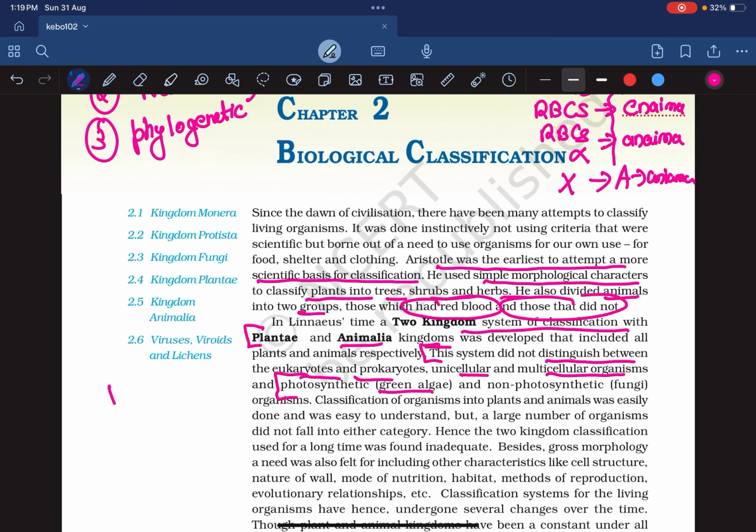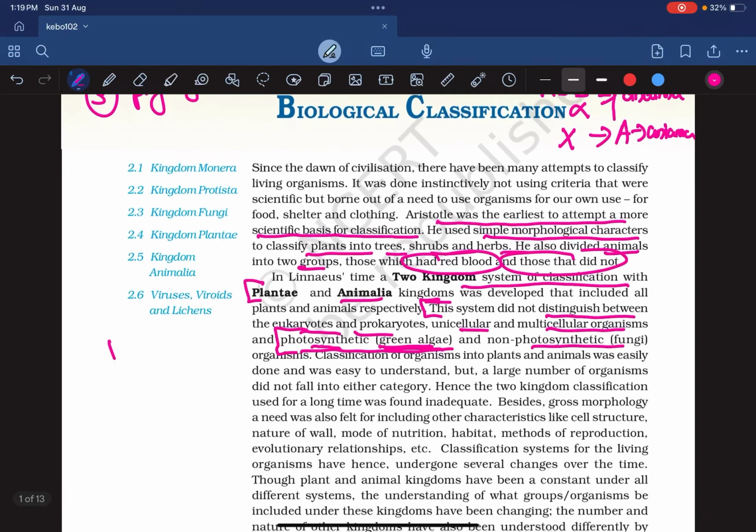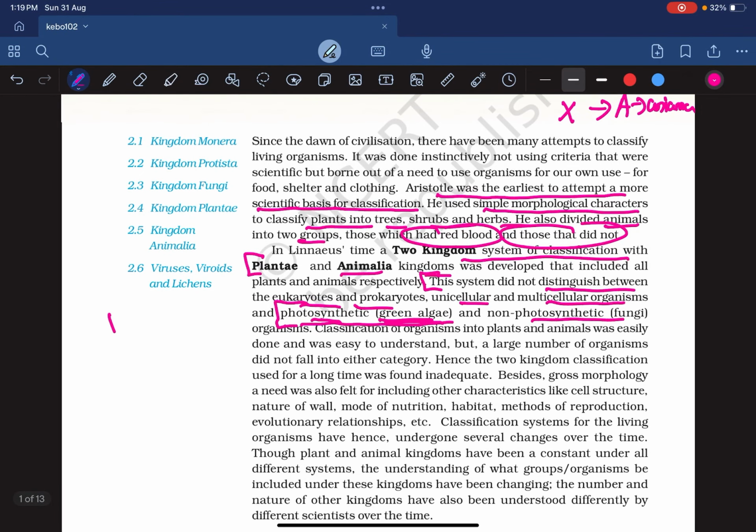It was not able to differentiate between photosynthetic green algae and non-photosynthetic fungi, which means that he wasn't able to differentiate between heterotrophs and autotrophs. Hence the two kingdom classification used for a long time was found inadequate. Besides gross morphology, here meaning the morphological characters which can be seen through the naked eye.